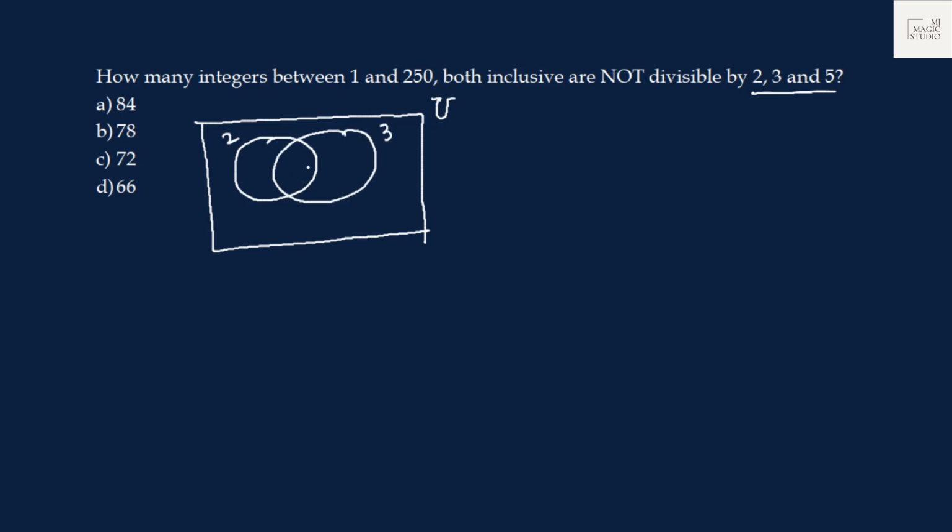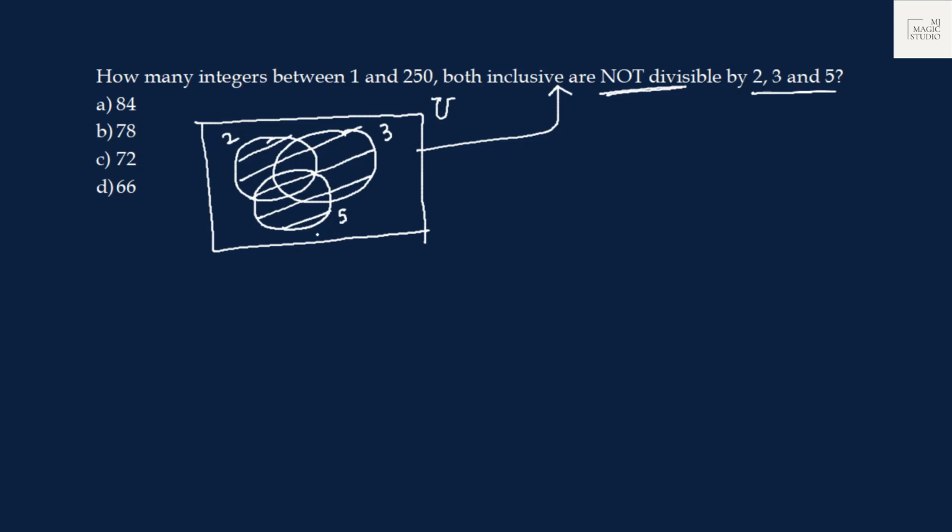Obviously, we will have few numbers which are divisible by both 2 and 3. And then this is the set of number which is divisible by 5. Obviously, we will have few numbers which are divisible by both 2 and 5, both 3 and 5, and all 2, 3, 5. So if we delete this segment from this universal set, what we will get is all those numbers which are not divisible by 2, 3 and 5.